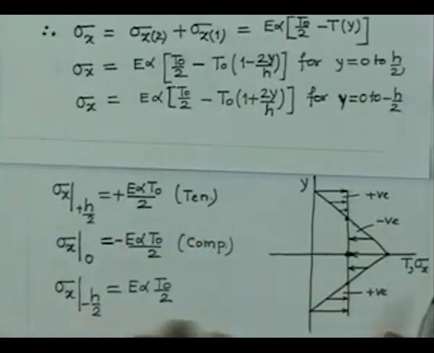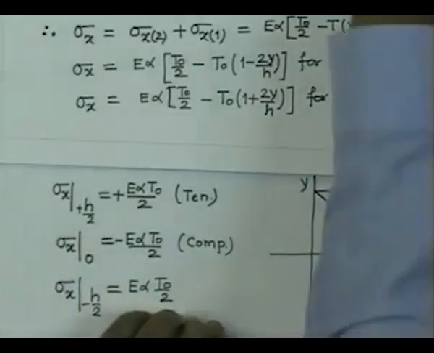So, you must get it confirmed with the expectations. Why is it that we are going to have compressive stresses at the center and tensile stresses at the outer periphery? I want you to look at this carefully.